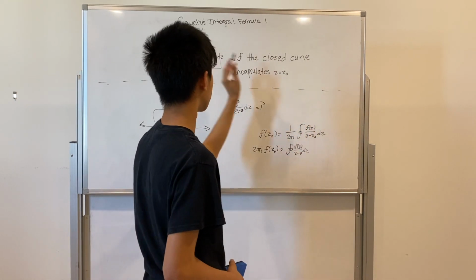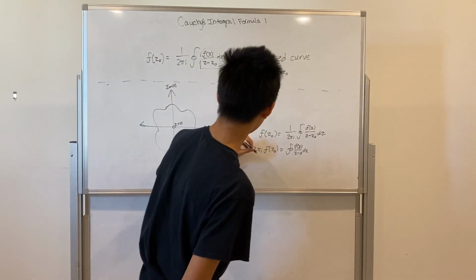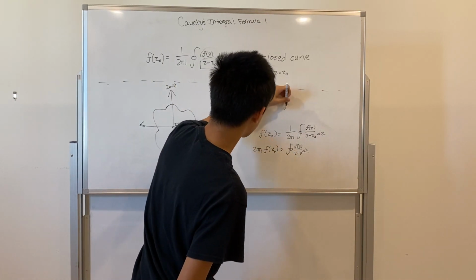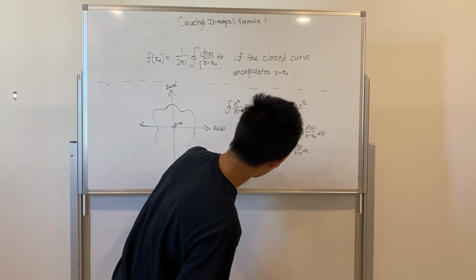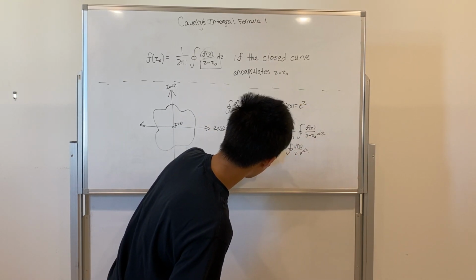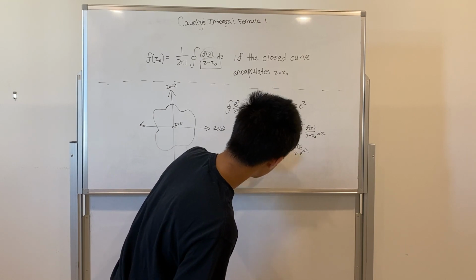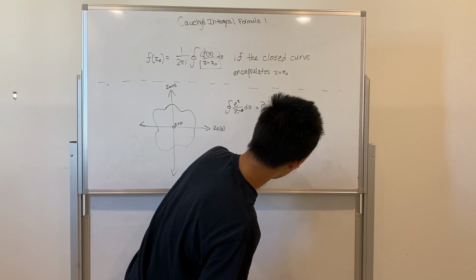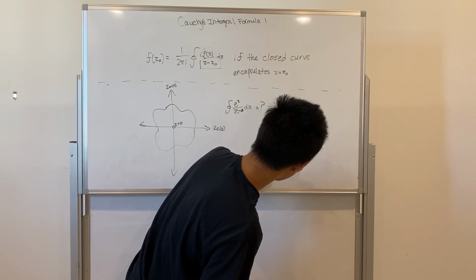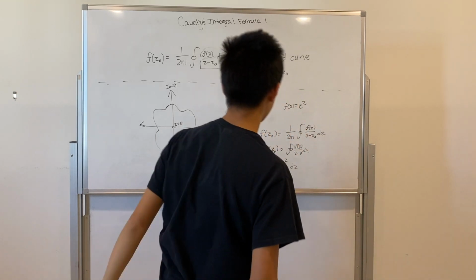And now we can start substituting things out. So f of z is equal to e to the z power. So we get 2 pi i e to the z naught power equals the closed line integral of e to the z over z dz.